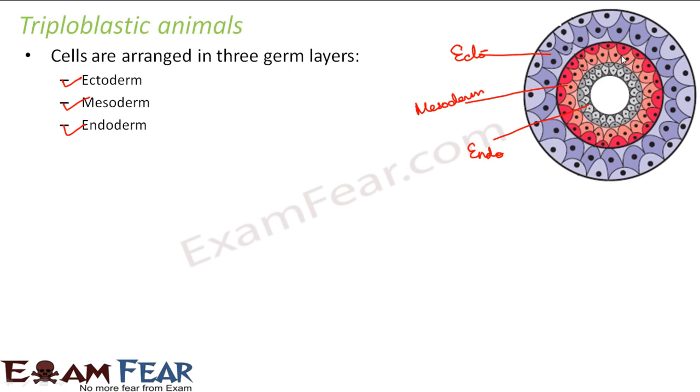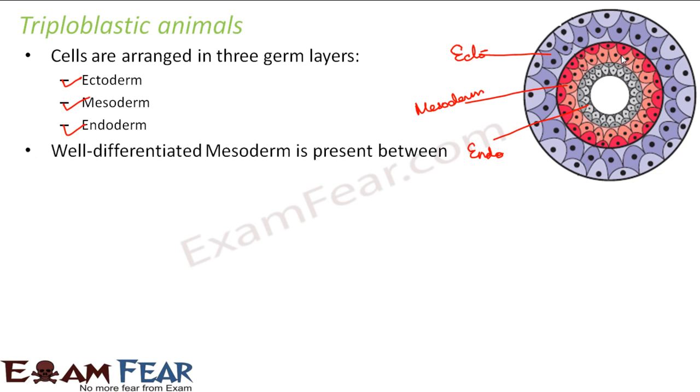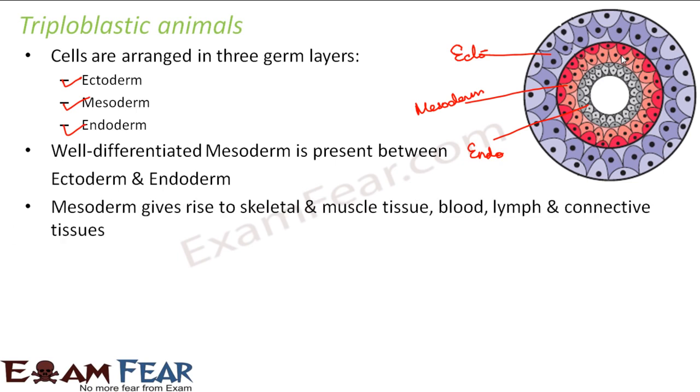Now the question is, what will this extra layer, the mesoderm, form later? Here a well differentiated mesoderm is present between ectoderm and endoderm. Mesoderm gives rise to skeletal and muscle tissue, blood, lymph and connective tissue. These are some of the additional things which get added if mesoderm is present.